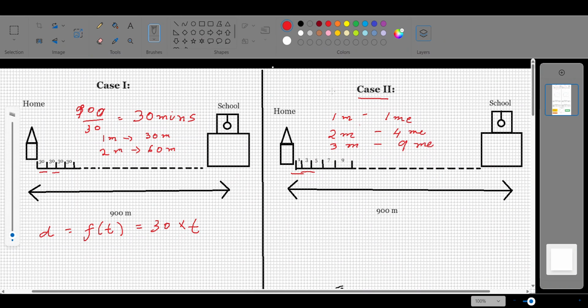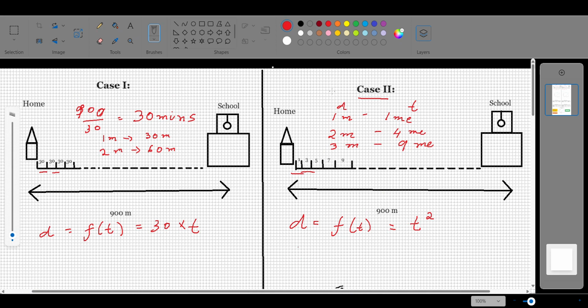So now do you see a sort of relation between the distance and the time taken? Any guesses? Exactly. So the distance here is again a function of time and is equal to the square of the number of minutes taken.